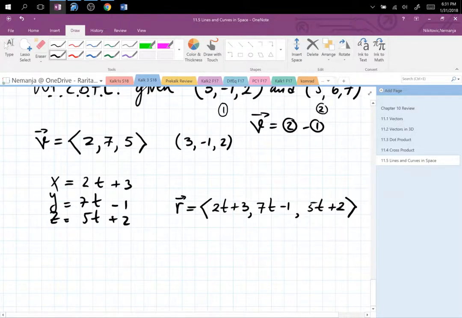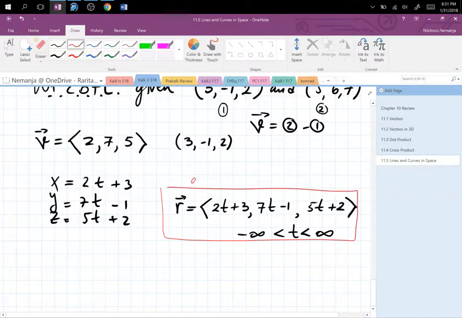So now, this equation of the line, this is your answer, assumes t is in between negative infinity and positive infinity. And if you want to be very precise about it, you would have to box both and say that's your answer.